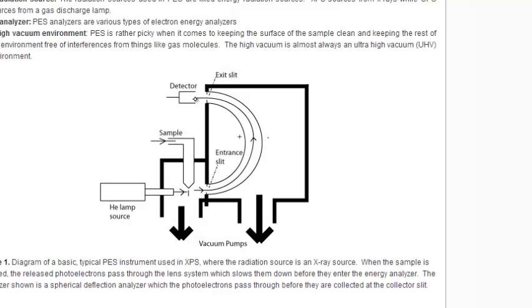Now, the whole point of doing photoelectron spectroscopy is to see essentially experimental proof of electron configuration.